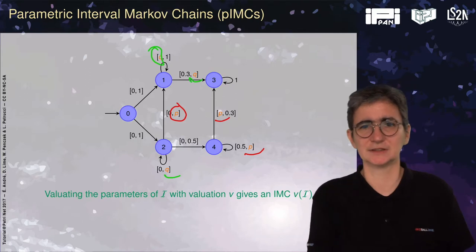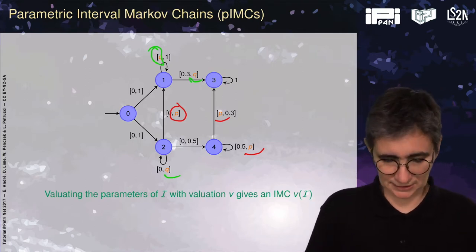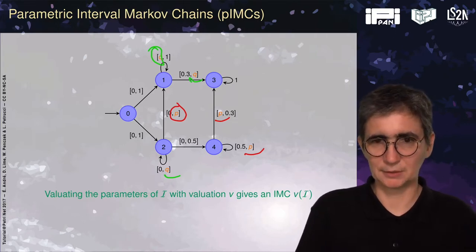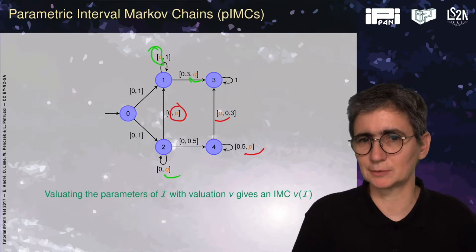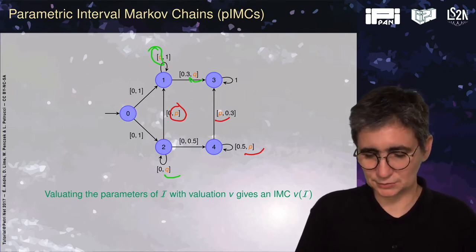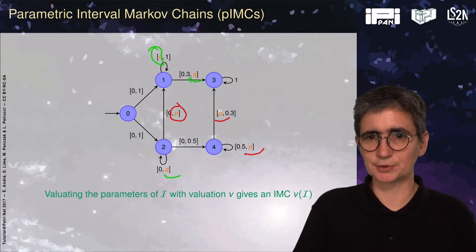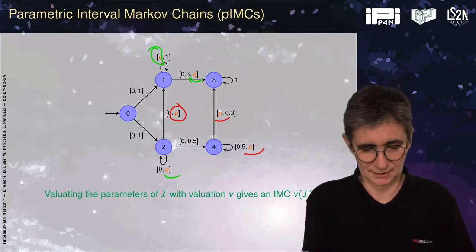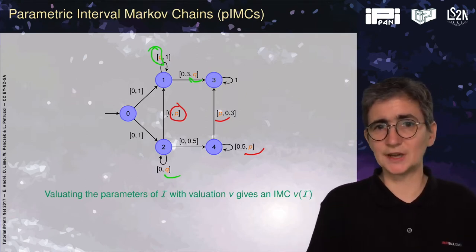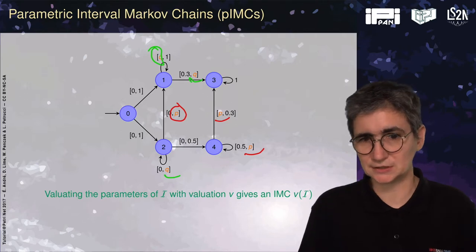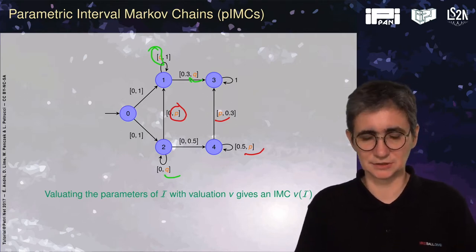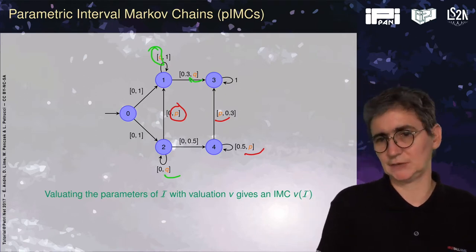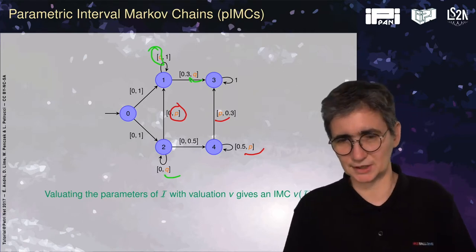That means that for exiting location 1, you can use the subloop with a probability that is between Q and 1, or exit to go to location 3 with a probability that is between 0.3 and the same Q. So in order to obtain a corresponding interval Markov chain, it is enough to evaluate the parameters, here in this example P and Q, and it gives an interval Markov chain without parameters.